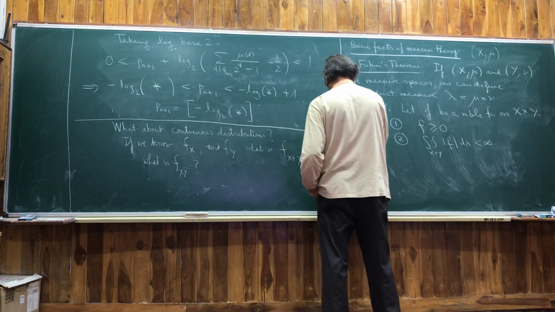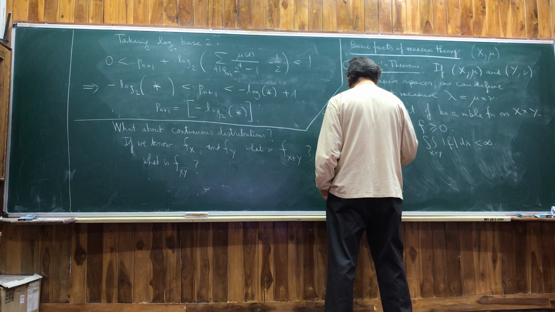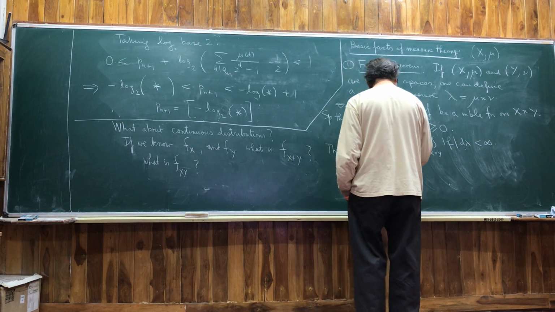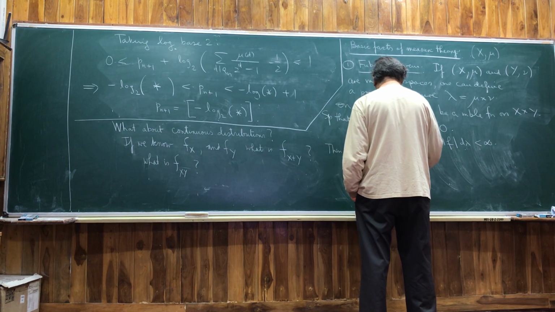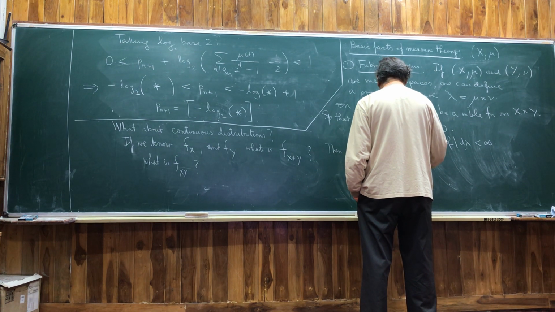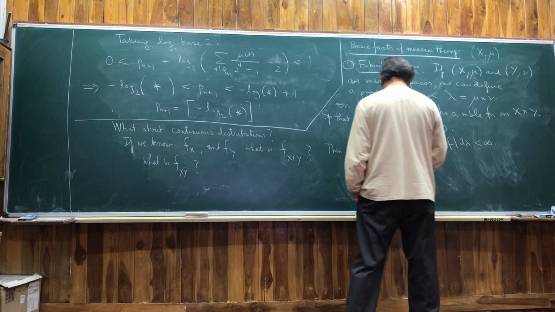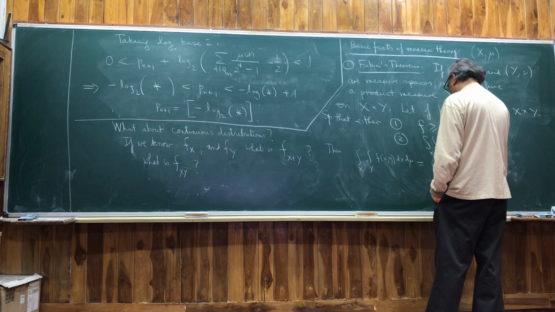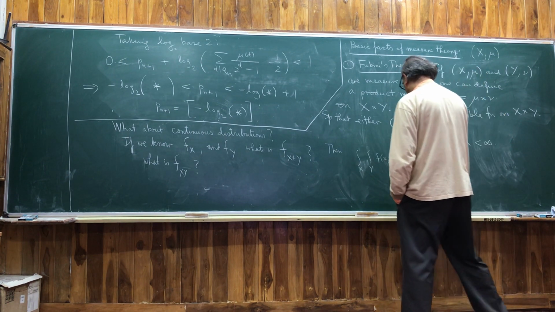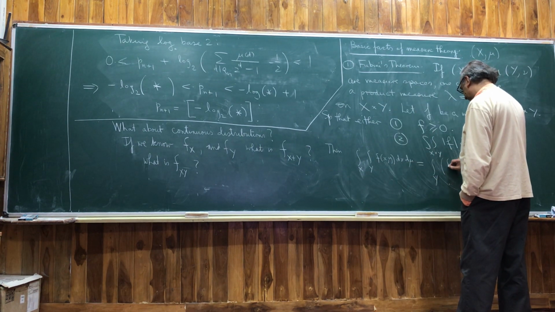Then what you can say is that the integral over x, integral over y, f of x, y, d nu, d mu, is equal to the integral with the order changed around.